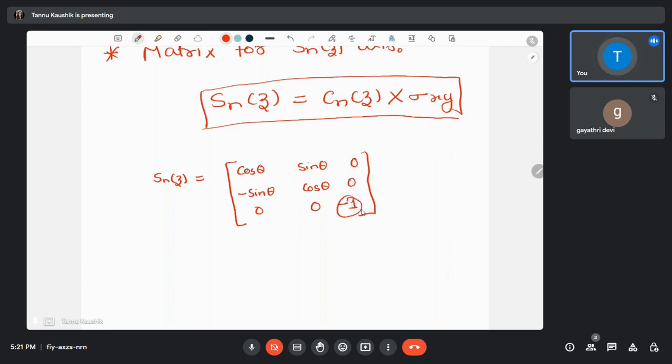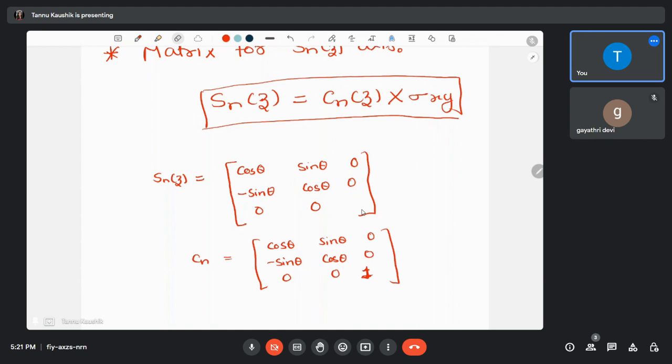For Sn, this will become minus 1. You might remember that in the Cn it was 1. So this is the only difference here.